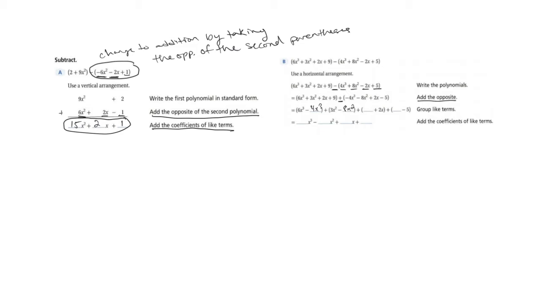Then we have 2x plus 2x and 9 minus 5, and then let's clean them up. We get 6 minus 4 is 2x cubed. 3 minus 8 is minus 5x squared. 2 plus 2 is 4x, and 9 minus 5 is 4. And here is your polynomial after subtraction.